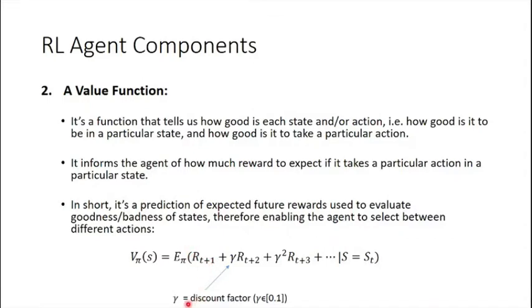On the other hand, if you give the discount factor as 1, it basically means that the value at that particular state is dependent upon all the future rewards that it is going to get. So it becomes extremely dependent upon all the future actions that the agent is going to take.